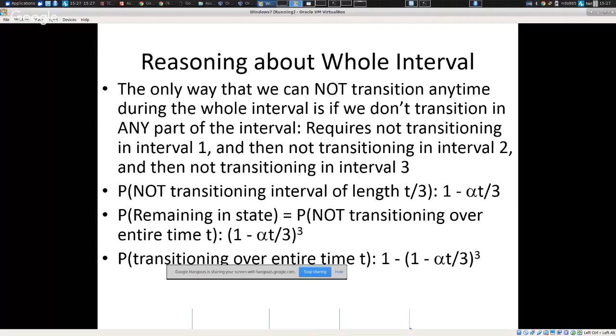A long time ago, perhaps in a galaxy far, far away, you encountered this. It's a great thing. Ladies and gentlemen, it's a beautiful thing. Maybe you heard it from me first. Take my word for it, okay? So this is e to the minus alpha t, ladies and gentlemen.